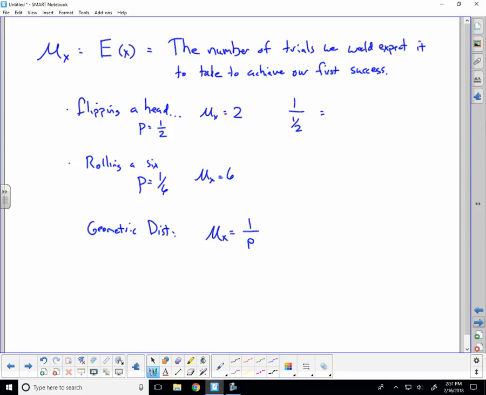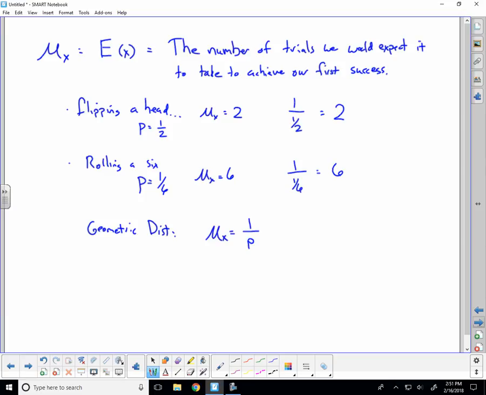There'd be 2. 1 divided by 1/6: how many sixths do you have in 1? You have 6. So it's very straightforward. And we might go into next time algebraically proving that that's true.